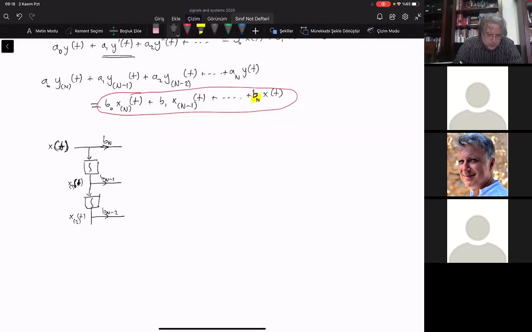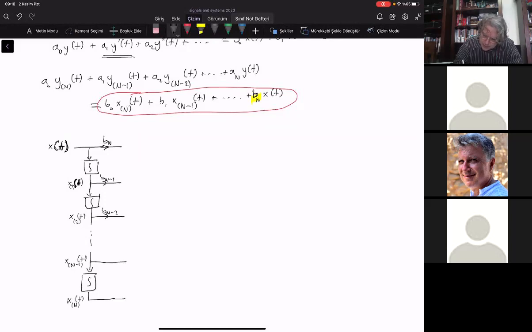It's going to go all the way down to the last integrator, this one. This last integrator will produce x sub n of t, and the one before that was x sub n minus 1 of t.